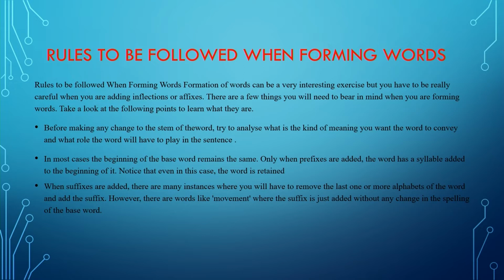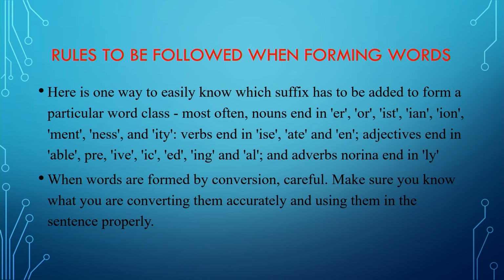When suffixes are added, there are many instances when you have to remove the last one or more letters and have a different meaning. Then you have the moment when the suffix is just added without any change. Now let us see a few more rules to be followed. Here is one way to usually know when a suffix has to be added to form a particular word class.